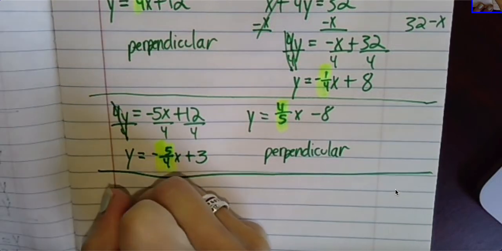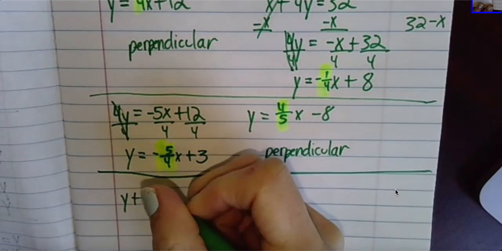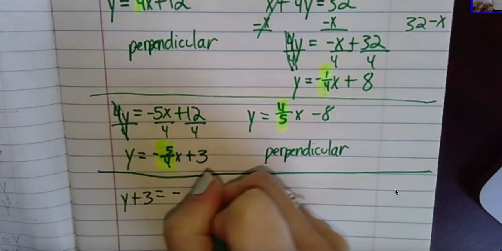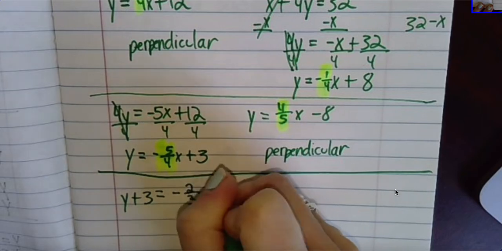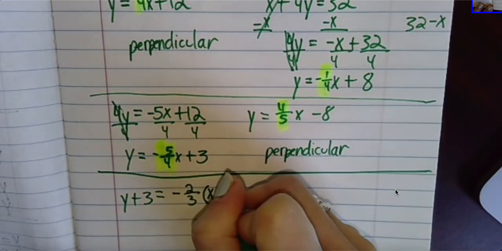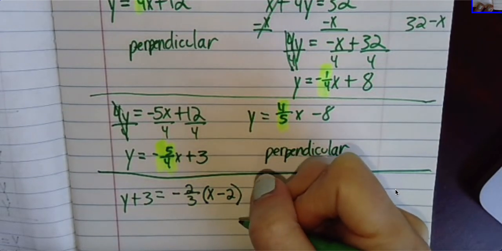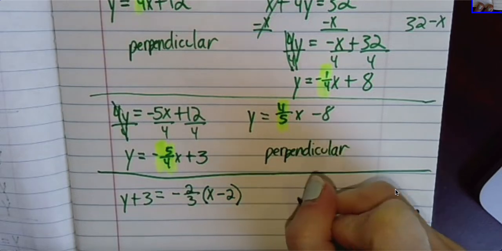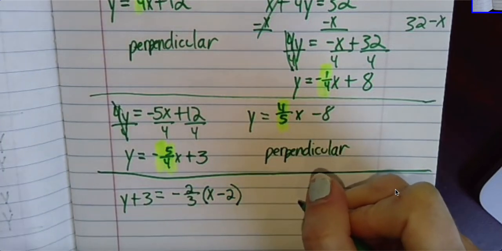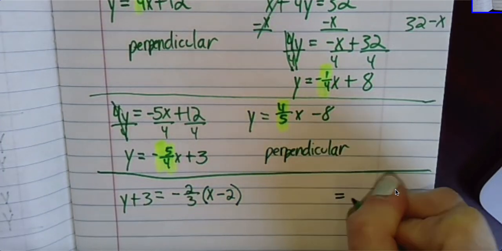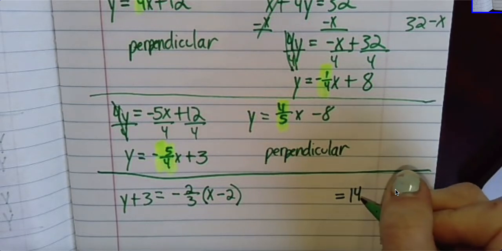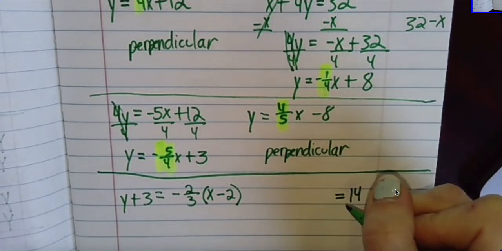I'll just do this. y plus 3 equals negative 2/3 times x minus 2.